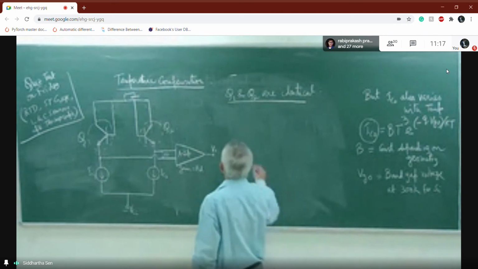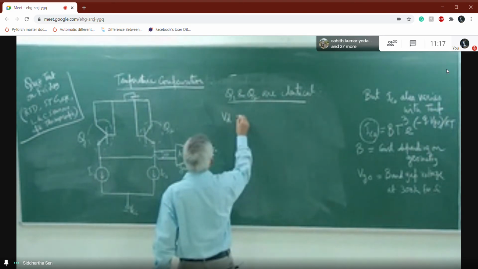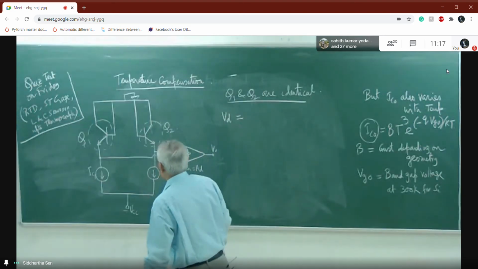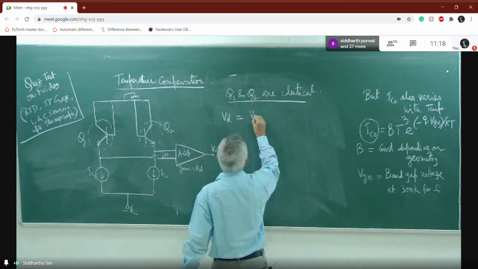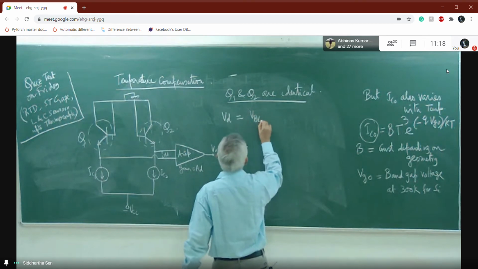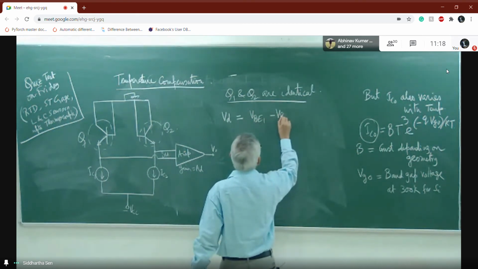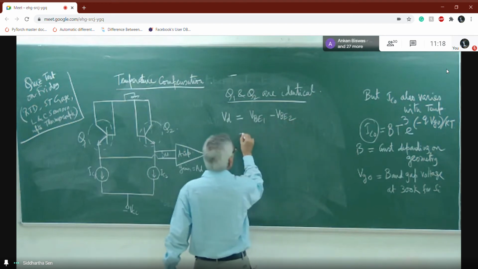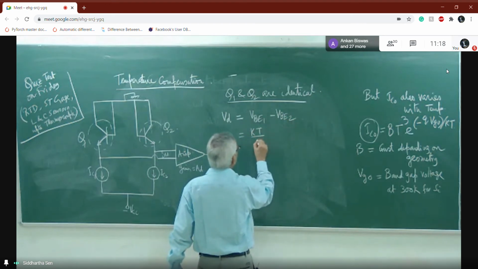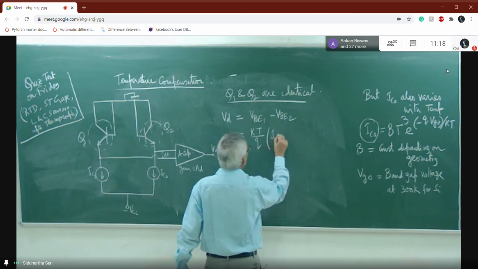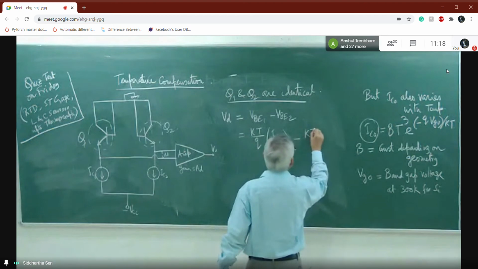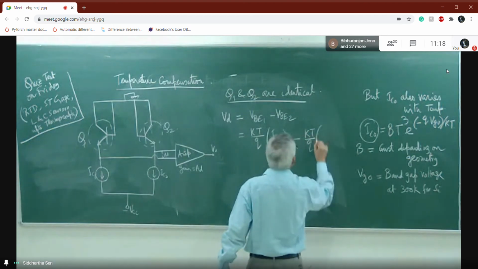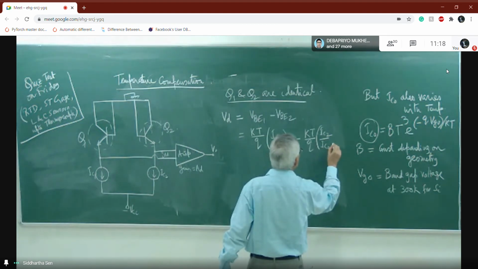So what is the value of VD? We have put it in this way. VD is equal to VBE1 minus VBE2. So here it is KT divided by Q into ln of IC1 divided by IC0, minus KT divided by Q into ln of IC2 divided by IC0.